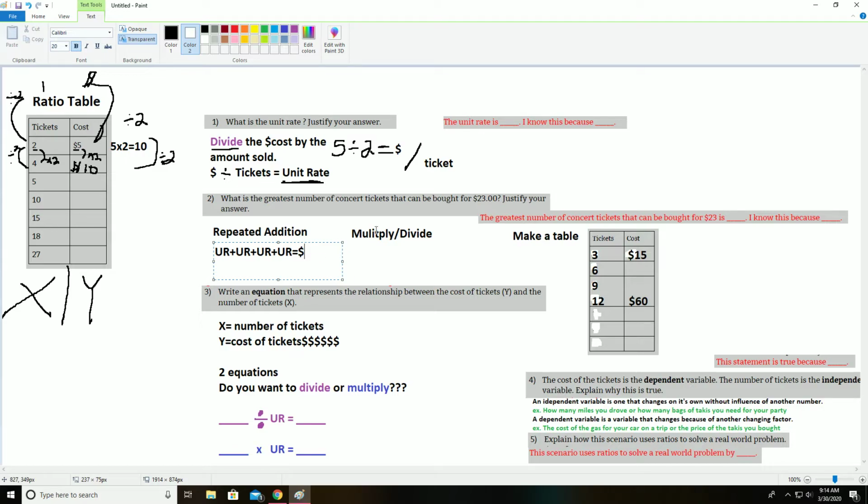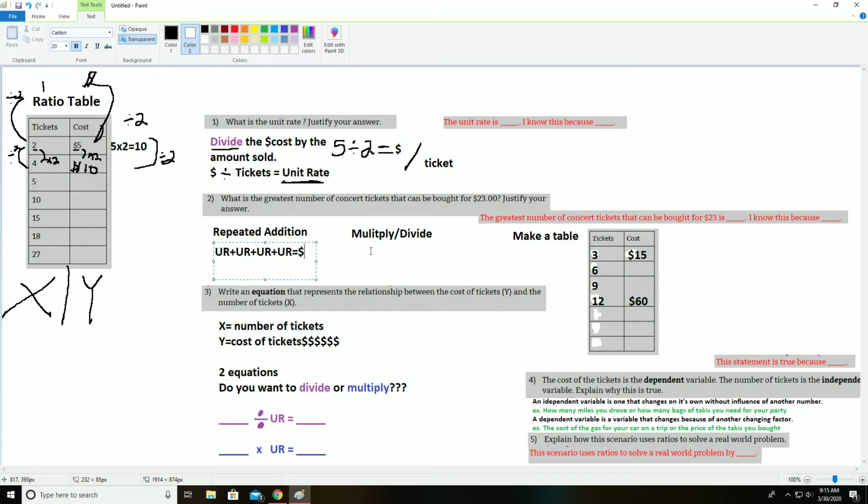Well, 15 was only a dollar over, but 14 was $1.50 less. But we can't spend more. We can't spend more than we have, and we want to know how much you can buy for 23. So just keep that in mind when you're trying to figure out how many you can buy for $23. You only have 23. So how many tickets can you buy for $23? You might have some left over. You might be right on the money.